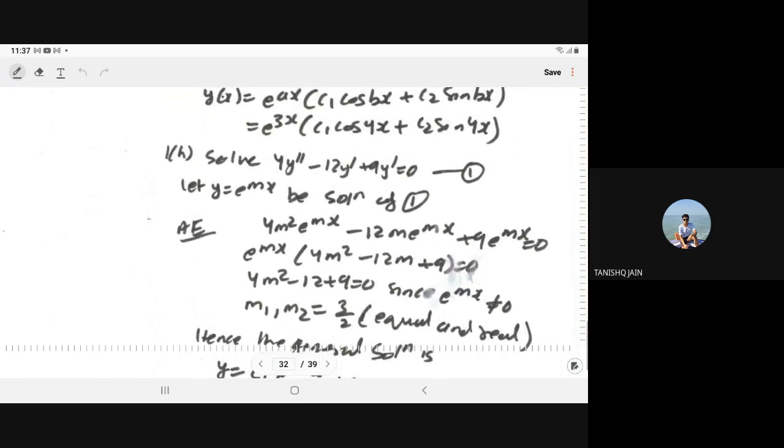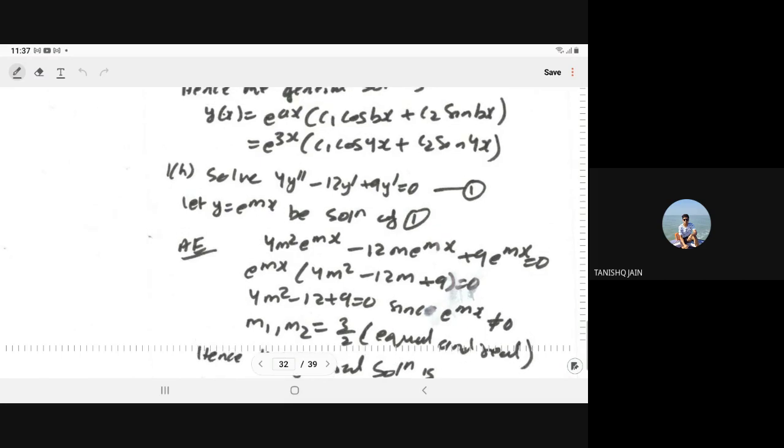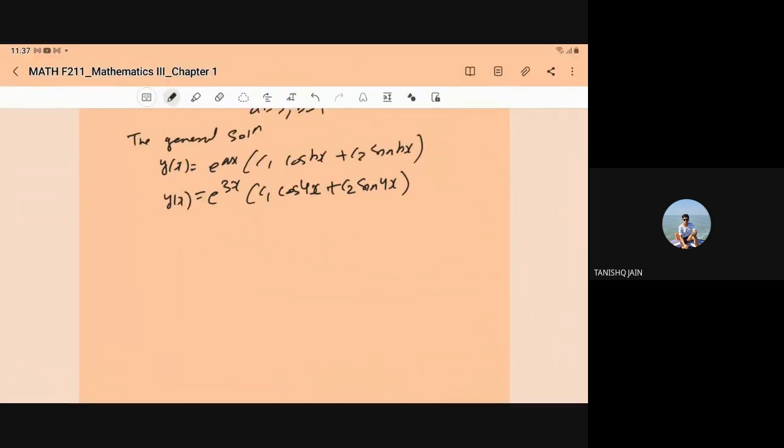Now, if we have 4y double dash minus 12y dash plus 9y is equal to 0.